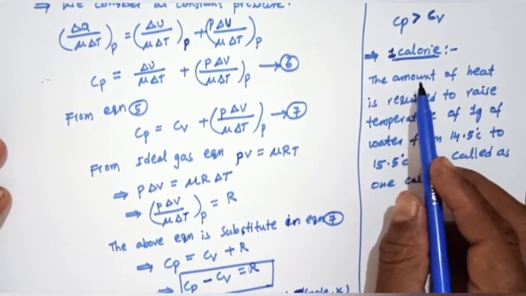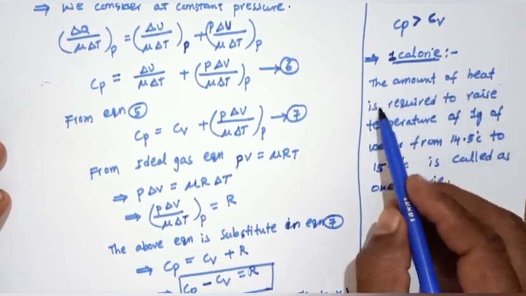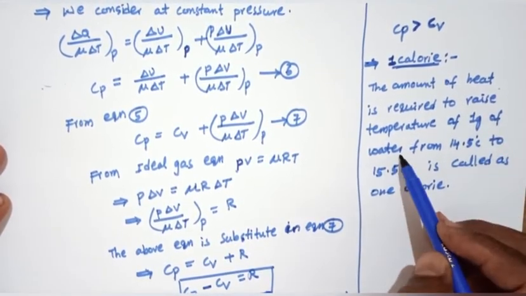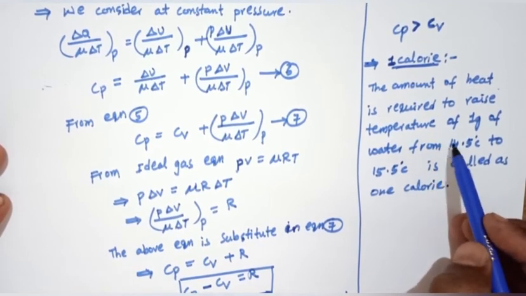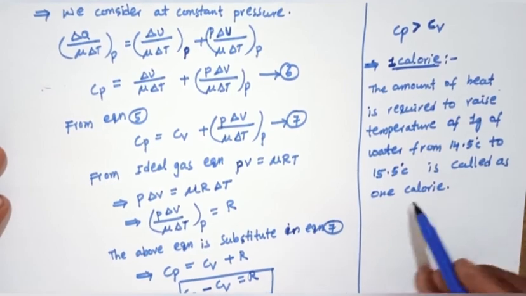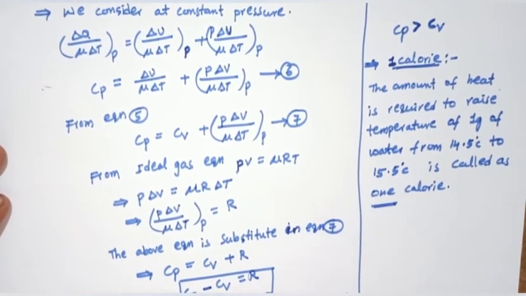It is also defined as the amount of heat required to raise the temperature of 1 gram of water by 1 degree Celsius is called 1 calorie.